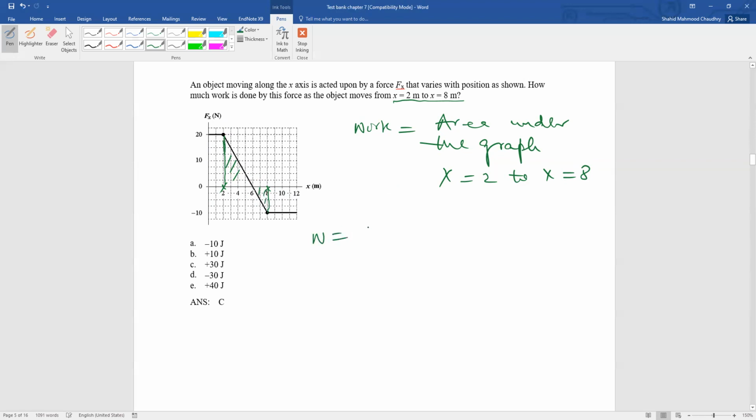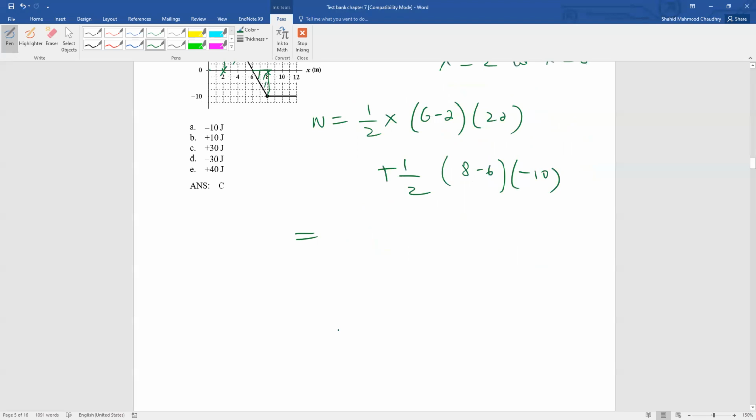So first, work is equal to the area of the triangle, 1 over 2 into base into height. Here the base is 6 minus 2, and the height is 20, plus 1 over 2 into the second triangle, where the base is 8 minus 6 and the height is minus 10.